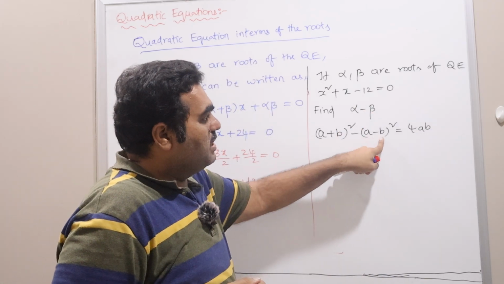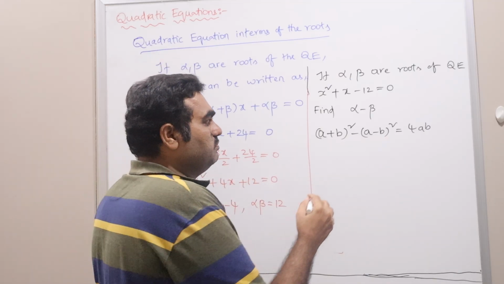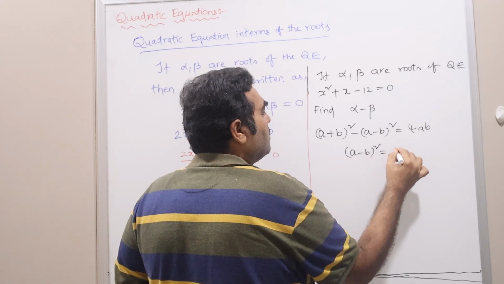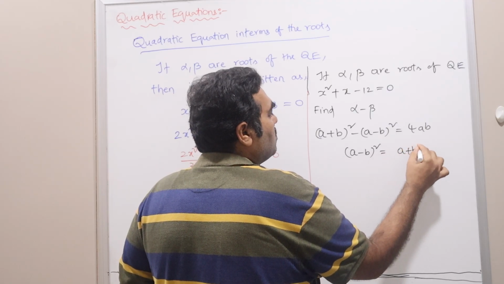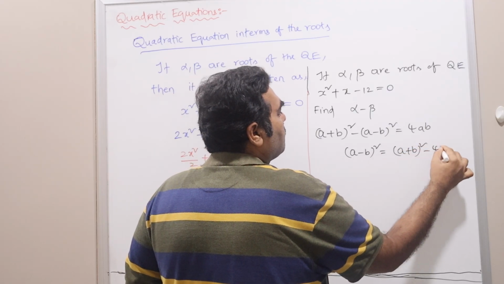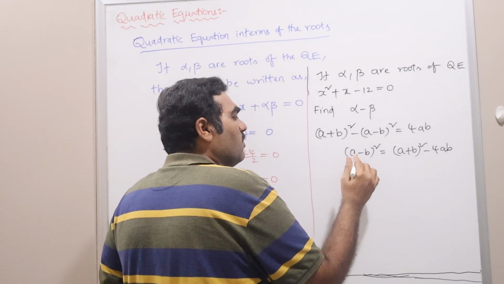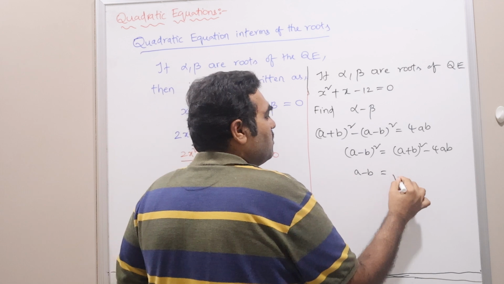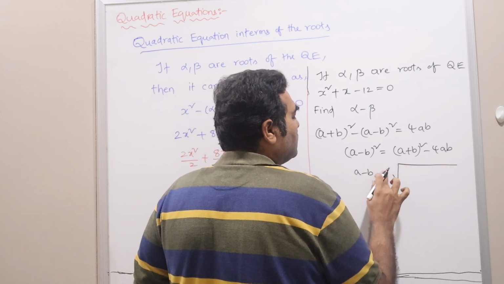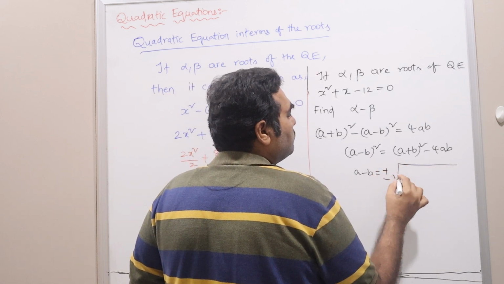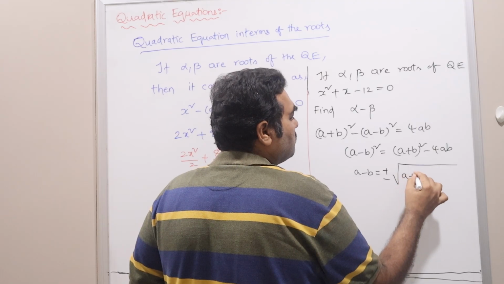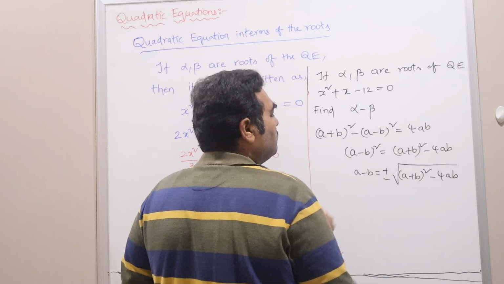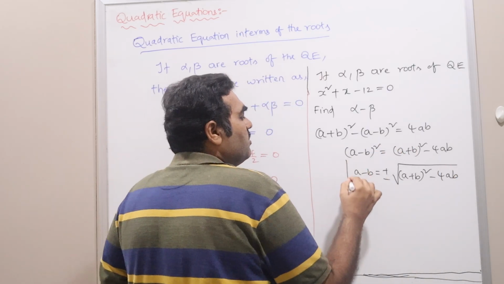So here if you want (a minus b) whole square, what you need to do? So (a minus b) whole square is equal to (a plus b) whole square minus 4ab. Now if you want a minus b instead of (a minus b) whole square, that is equal to plus or minus square root of (a plus b) whole square minus 4ab.